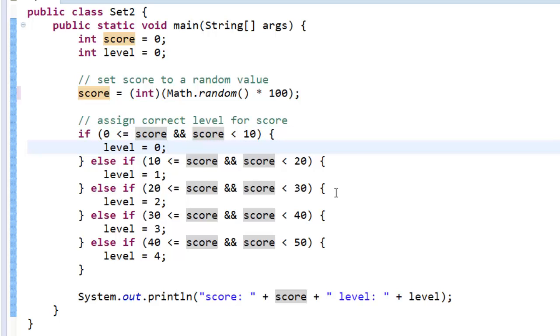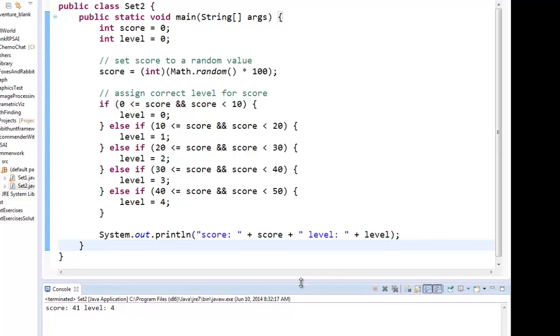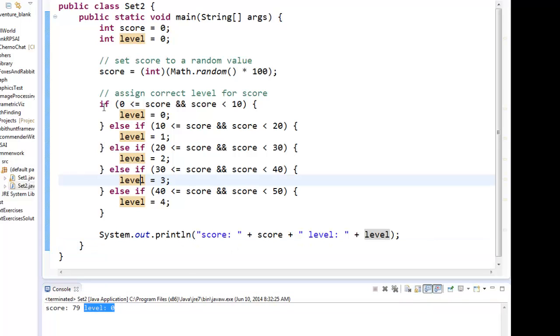All right, well, let's run it to make sure it works. Okay, so as you can see, I'm running it. Score is 24, level is 2. Score is 79, level is 0. Why is that? Aha.